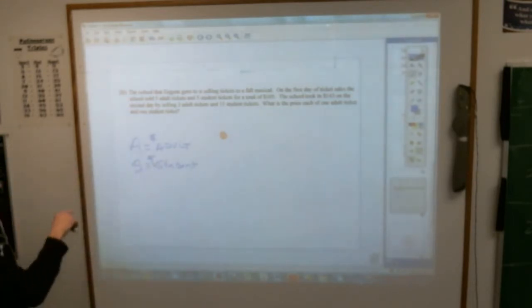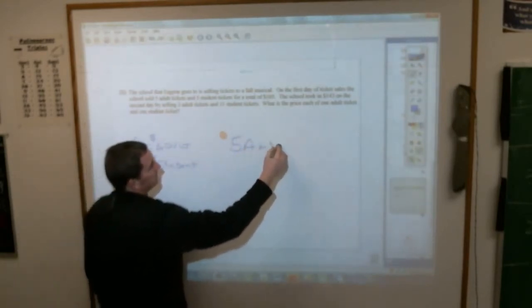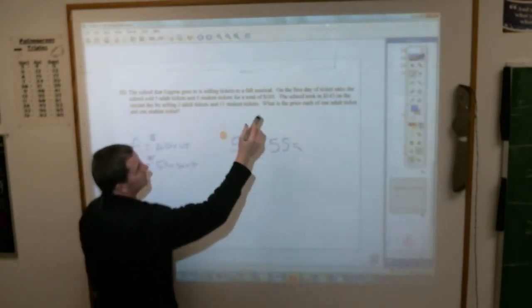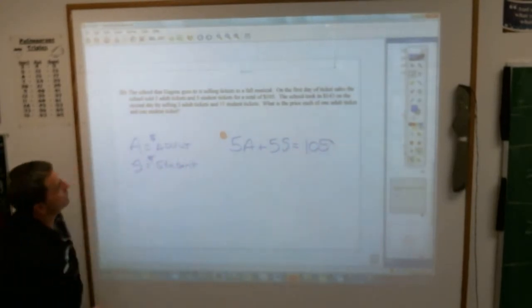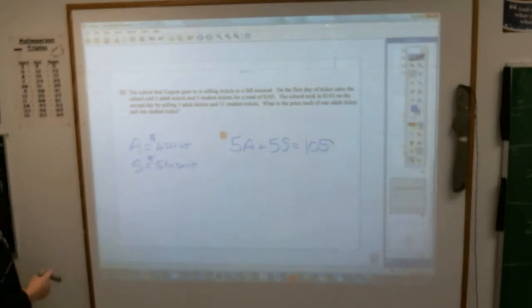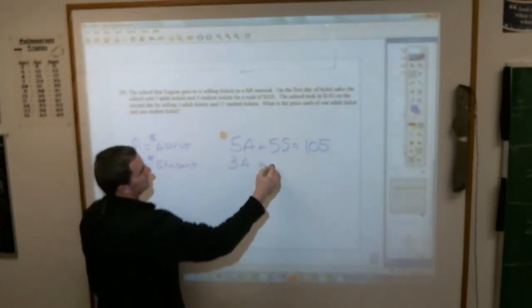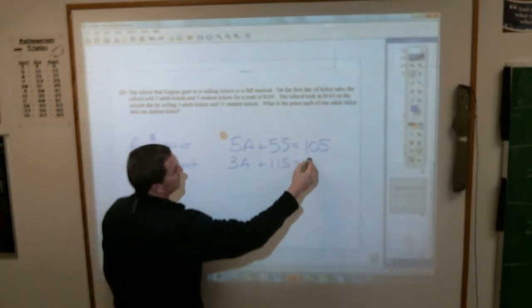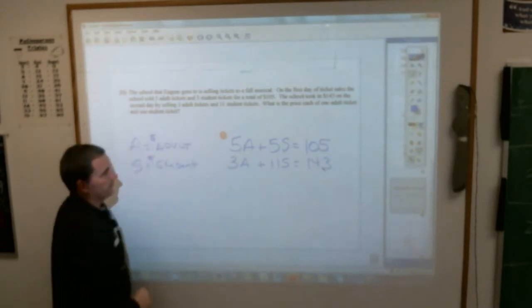If you sell 5 adults and 5 students, it's going to cost you $105. If you sell 3 adult tickets and 11 student tickets, it's going to cost you $143. Did you get that far, Sammy?